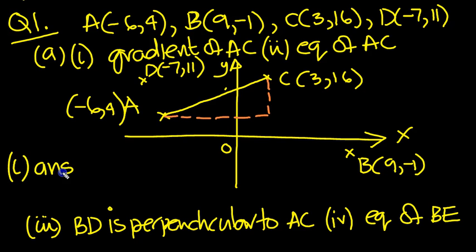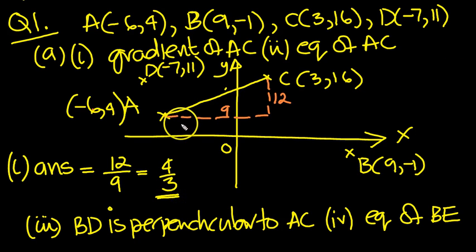Answer, gradient equals the increase in Y over the increase in X. So how much does it go up by? Well, it goes from 4 to 16, so that's an increase of 12. How much does it go along? Well, it goes from minus 6 up to 3, so that's an increase of 9. It's a positive gradient because it goes upwards, up 12 along 9. So the gradient is 4/3.